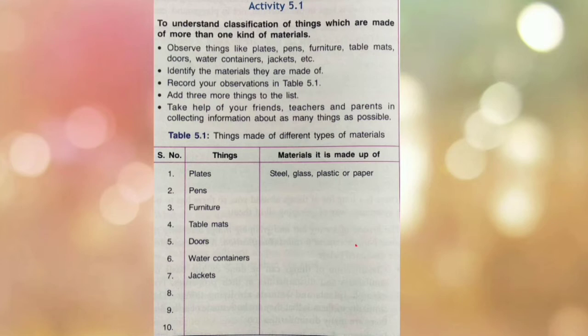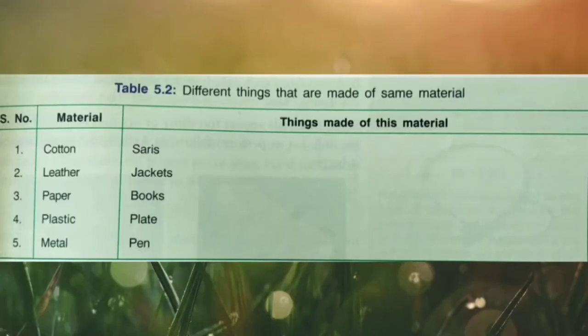Now the second activity, activity 5.2. We will do this to understand classification of different types of things that are made of the same material. We will collect information about different things that are made of the same material like cotton, leather, paper, plastic, metal, wood.